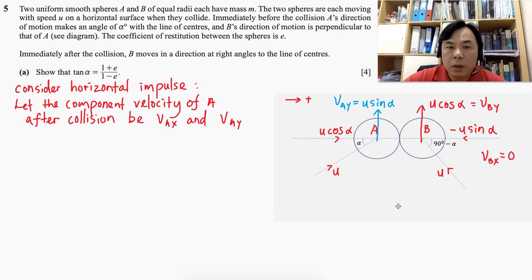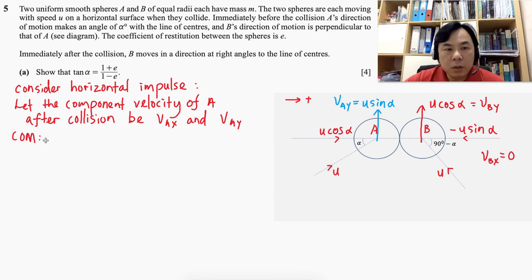Now first of all, let's try to apply conservation of momentum first, by taking into account the horizontal component during the collision itself. Because the impulse is only important when you deal with the direct contact along the line that passes through their centers, not tangent to that.